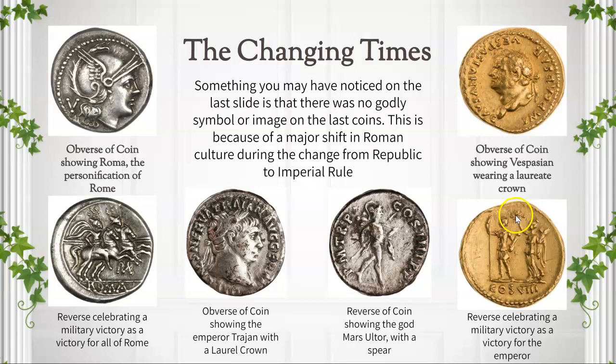And here you can see Nike is crowning Vespasian victorious. So this is presenting Vespasian as not necessarily another person or somebody beneath the gods, but rather it is showing Vespasian as a god, because he is being crowned victorious by another god. And this is a big shift over time that happens in Rome from the Republic all the way to the end of the Imperial era.